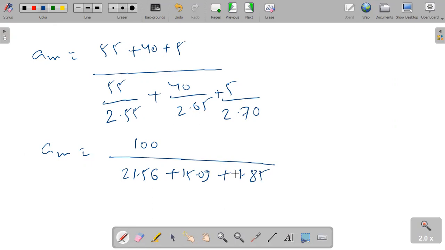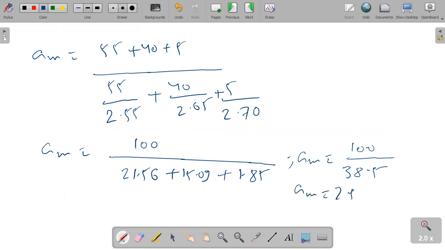If we add all of this, 21.56 plus 15.09 plus 1.85, we get 38.5. So GM is equal to 100 upon 38.5, and if we divide 100 by 38.5, we get 2.59.